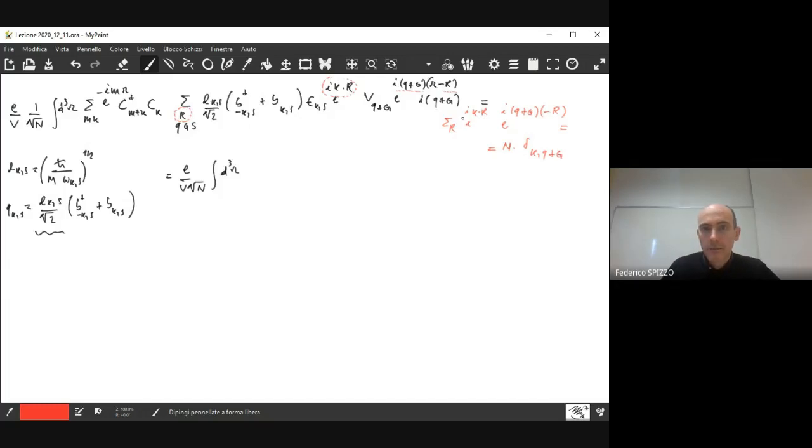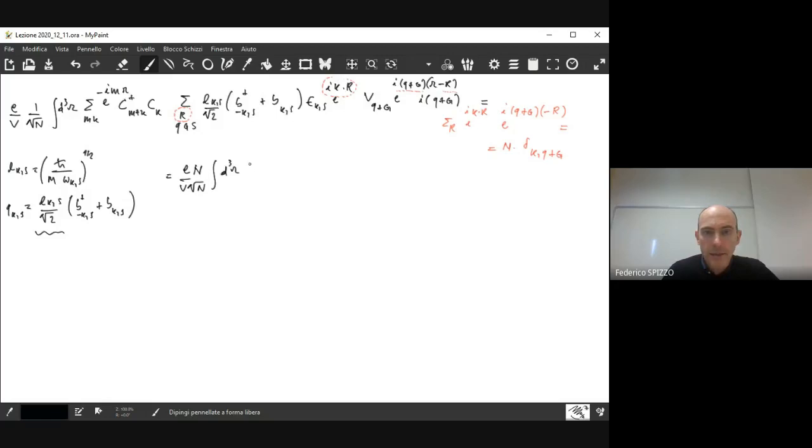Due to the fact that the r index is found just in this phase, I may perform the summation, and I have an additional n factor up here, and then I have this delta k q plus g. So I may remove all the k indexes in this summation and just leave one index of summation, that is q.